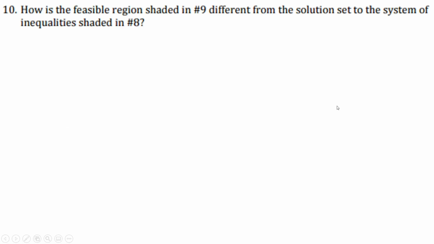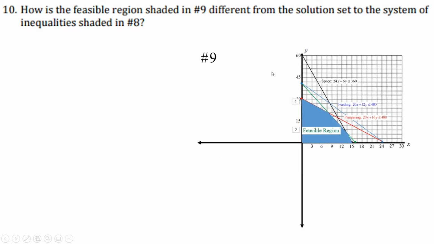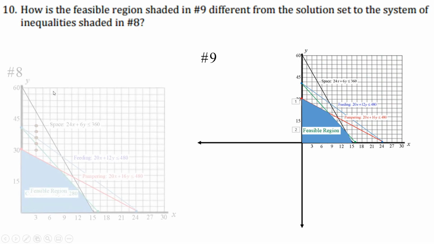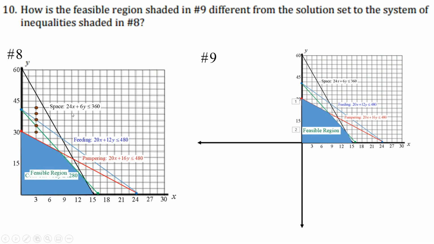Okay? Now, how is the feasible region shaded in number 9 different from the solution set to the system of inequalities shaded in number 8? Well, again, here's number 9. Just quadrant 1, and our number 8 looked like this. A much better graph in my mind right there. All right, but they apparently expected you to just have your boundary lines go through the intercepts and use the entire plane.